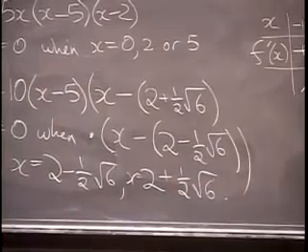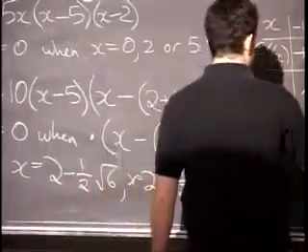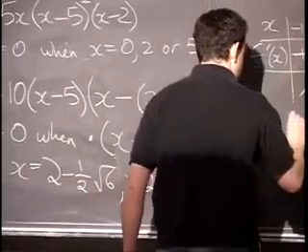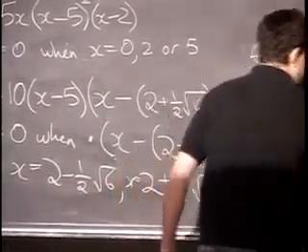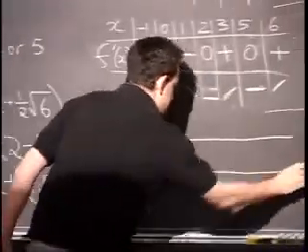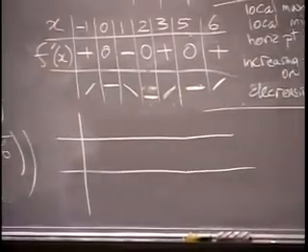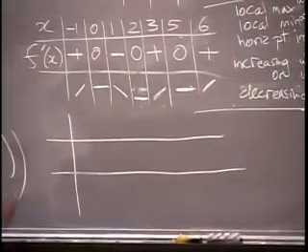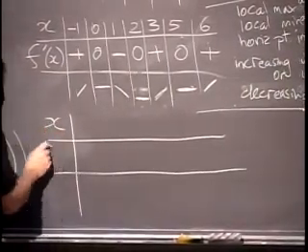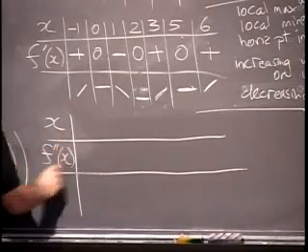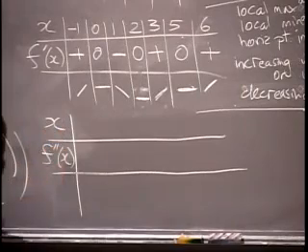And now we have to draw up a table of signs. It's going to be a little bit messy because of these messy numbers. So we have three numbers.